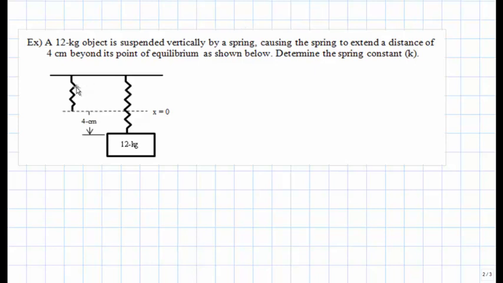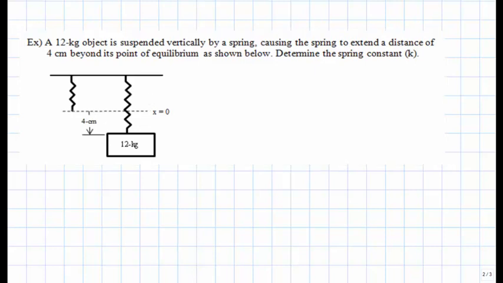First of all, we have depicted the spring at its relaxed state. In other words, where the spring is relaxed is always declared as x equals 0. In this diagram, we show that the spring has been elongated because it needs to support a 12 kilogram mass. And clearly, the elongation is 4 centimeters beyond the point of equilibrium.